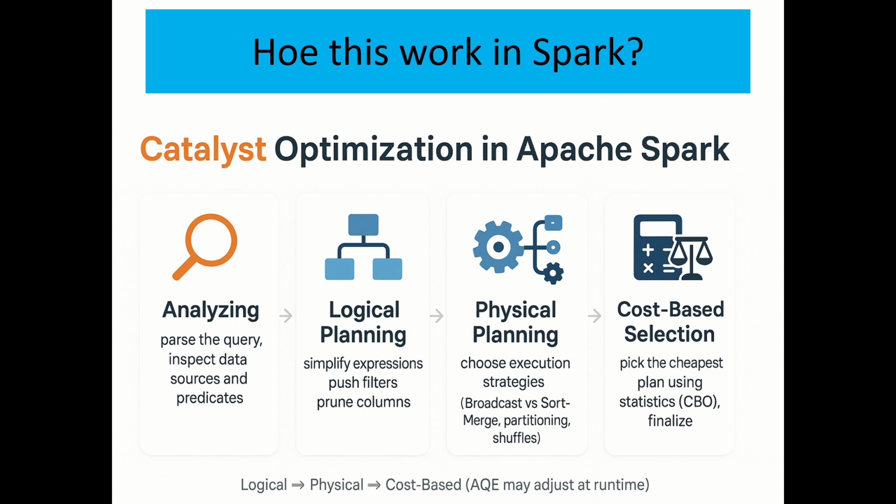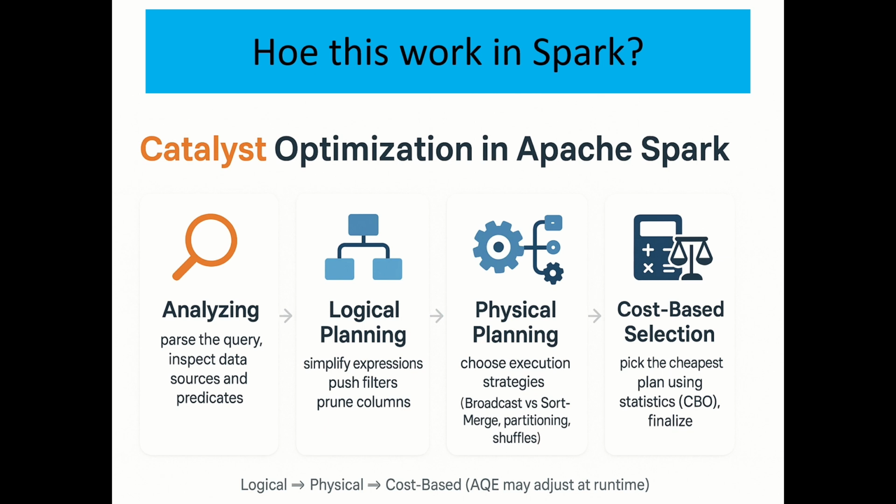Then it will create a logical plan. It knows what data you have, what columns you have in that data or table, and what the statistics are. I don't need to explain statistics.